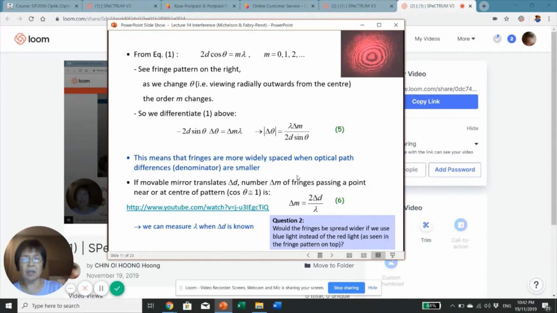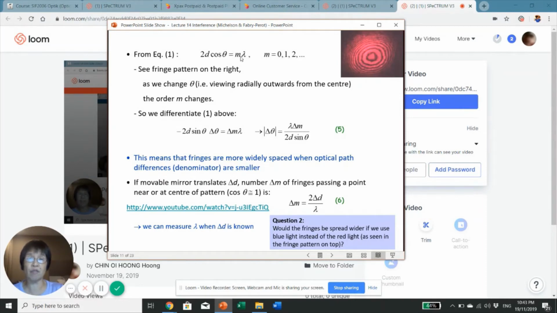So now, if we were to translate the mirror such that delta d is changed, and if you assume theta is close to 0, so cosine theta is close to 1, then if the mirror translates a distance of delta d, and our lambda is fixed, we have a change in the order.